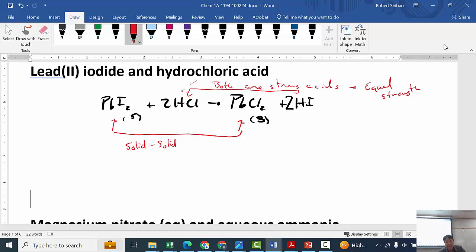And so what you could say is that in order to determine whether there's a reaction or not, we need more information. So solid to solid transformations require more info.